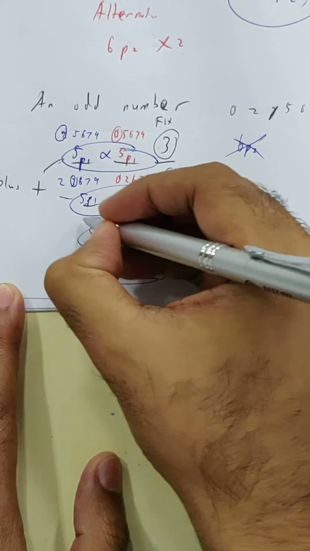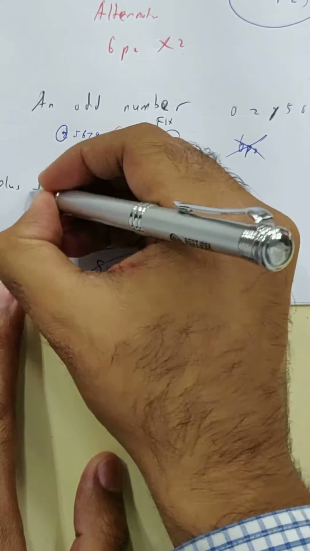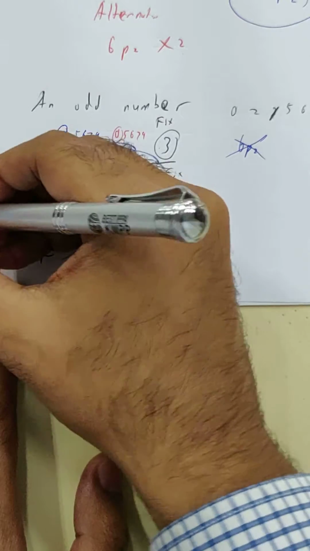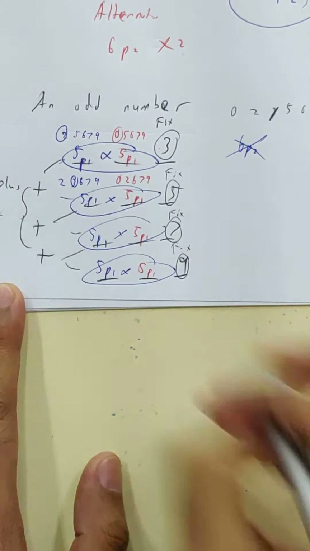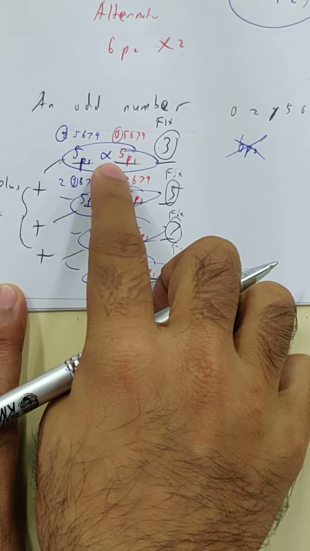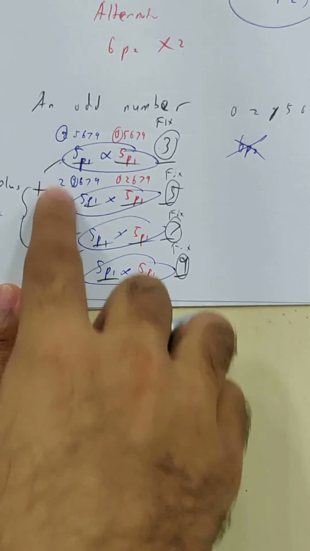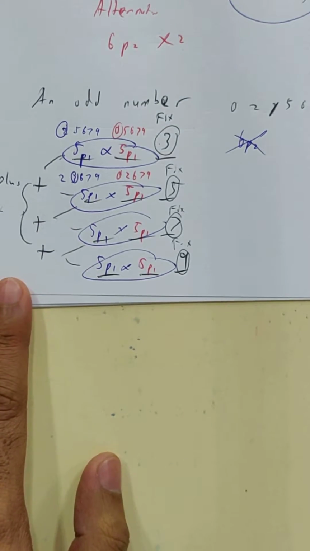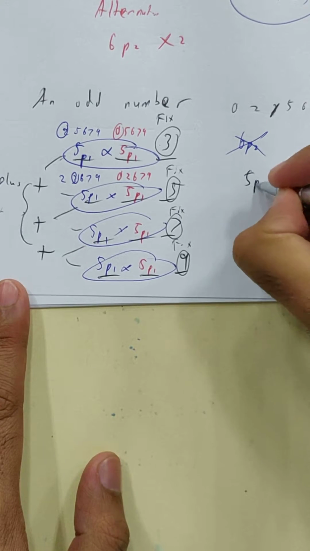I plus them up. Just now why I times here? Why I didn't plus? Because this is one case, and all these 4, they are different case. So 5P1 times 5P1.